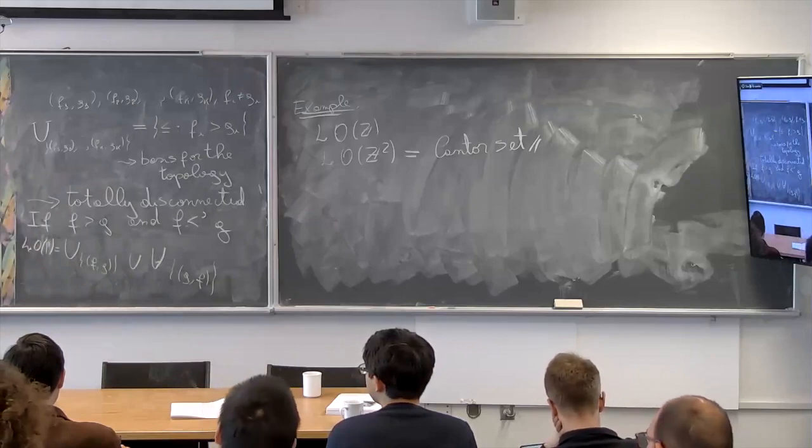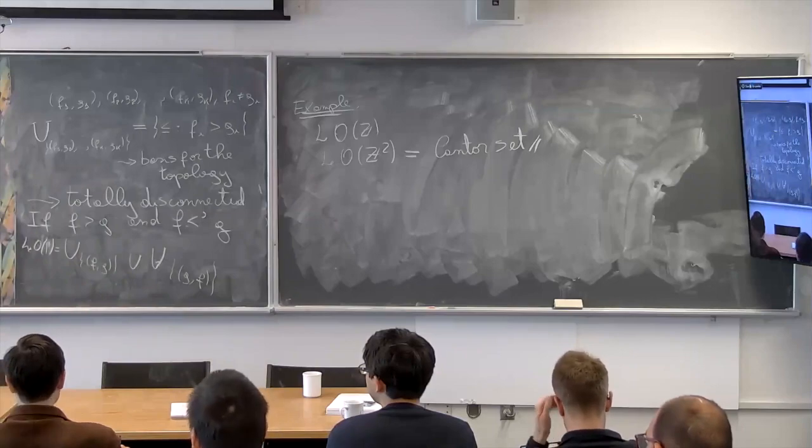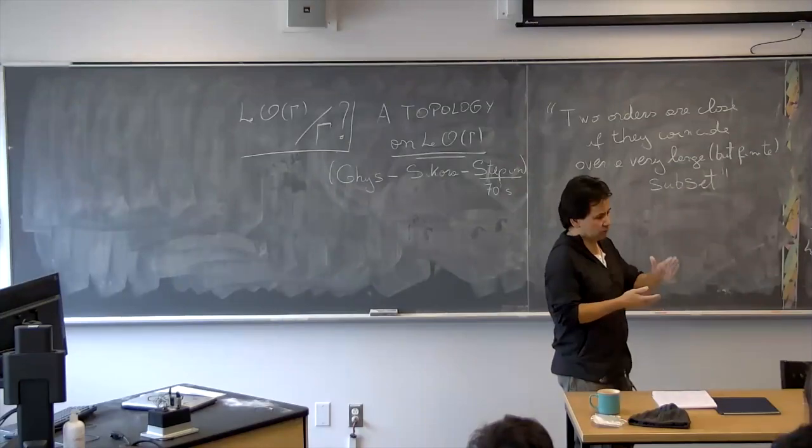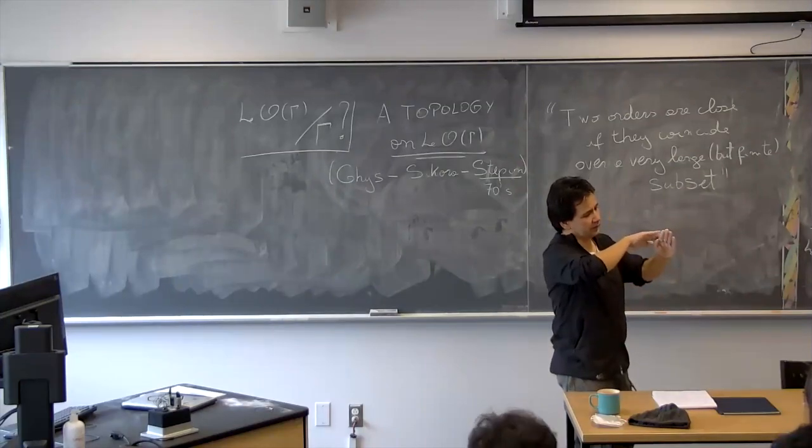So if I get an order in C2, remember there was this hyperline description. If I take the hyperline that describes the first order, and I move it a little bit, then I get a new order which is very close to the original.